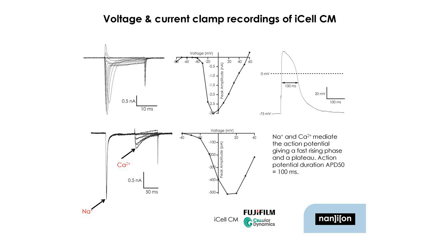And really, depending on the amount of calcium current you capture in that very cell, you get a more or less pronounced shoulder in the action potential when you switch to the current clamp mode. So mostly ranging from 200 to 300 milliseconds of an APD90 value. And this is how it looks like.